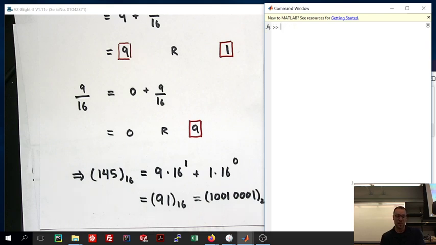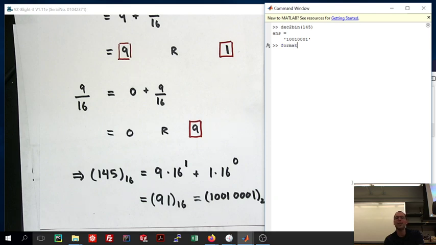Okay, let's do des to bin. Can you guess what des to bin means? Okay, so let's take 145 and convert 145 to binary. Ready? Oh, that was scary. Okay, let's do something else.